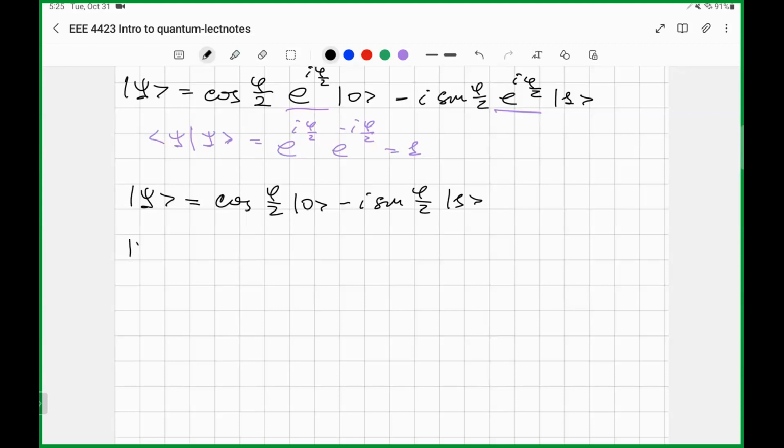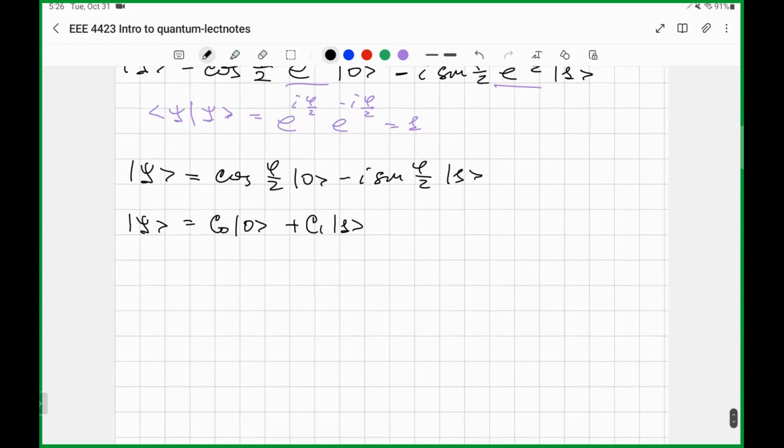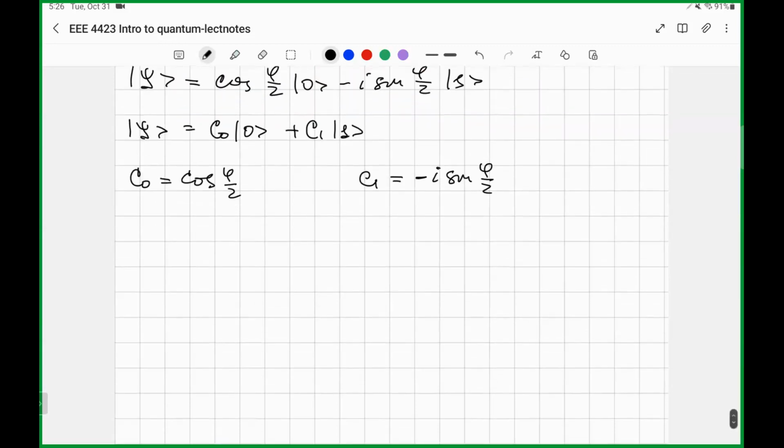On the other hand, in the most general case, the state of any qubit can be written as C0 state 0 plus C1 state 1. And if we compare both expressions, we conclude that C0 gives us cosine phi over 2, and the coefficient C1 is minus i sine phi over 2.